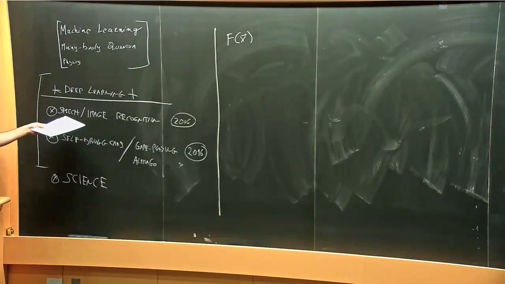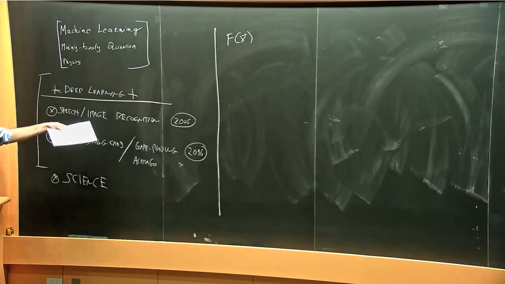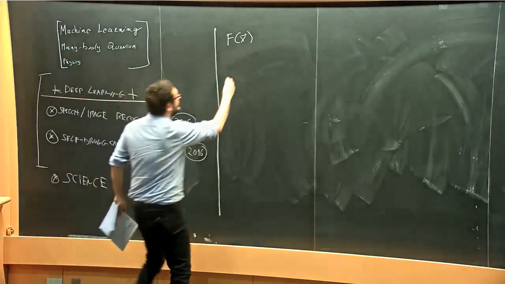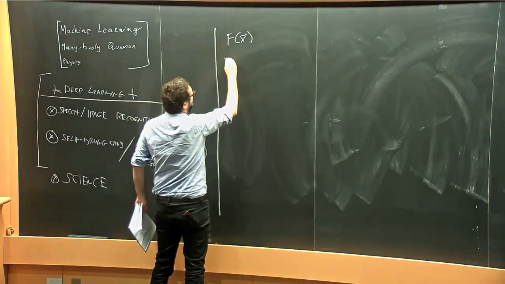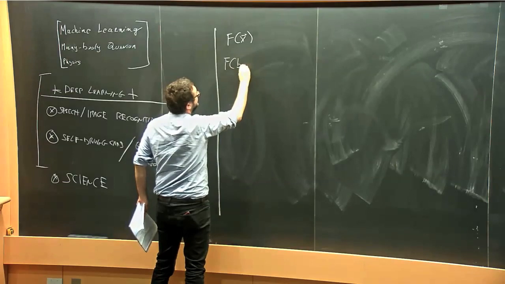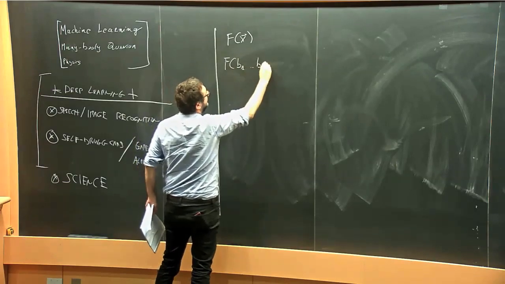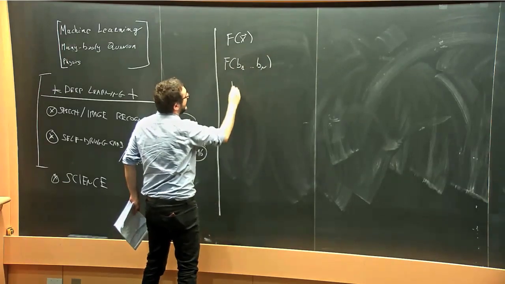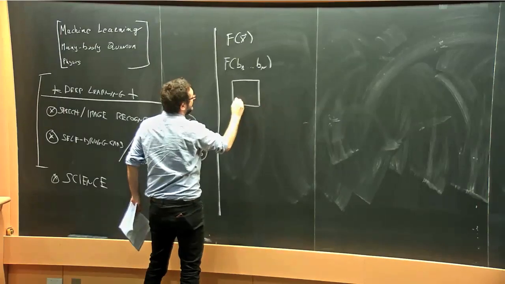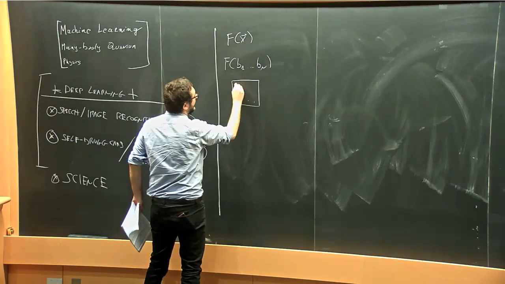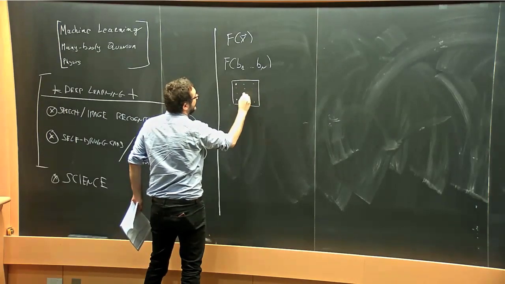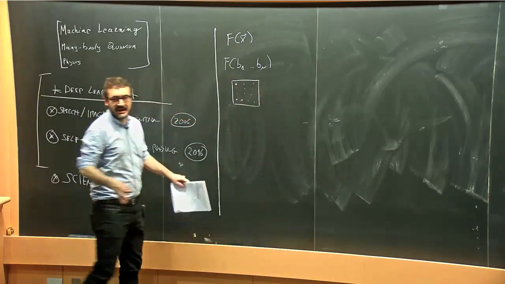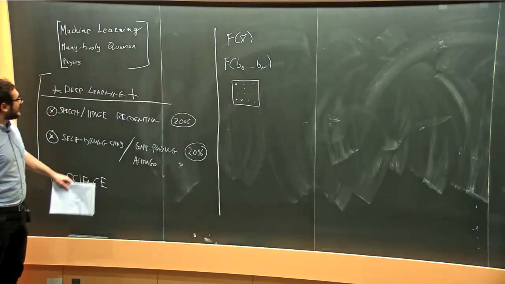For example, a function that solves the speech or image recognition problem can be thought of as something that takes some binary variables, b1 up to bn, where these binary variables are nothing but the bits of information in a given digitalized image on my computer.